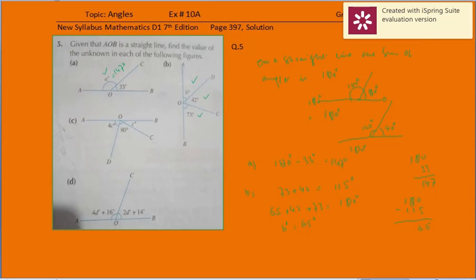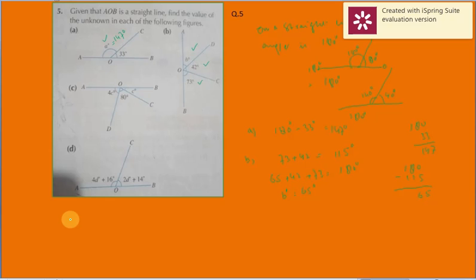Okay, now in part C, there are three angles. One is 4C, one is C, and one is 80 degrees. When we add all the angles, 4C plus 80 degrees plus C degrees is equal to 180 degrees, because all the angles must be equal to 180 degrees. 4C and 1C become 5C plus 80 is equal to 180 degrees.